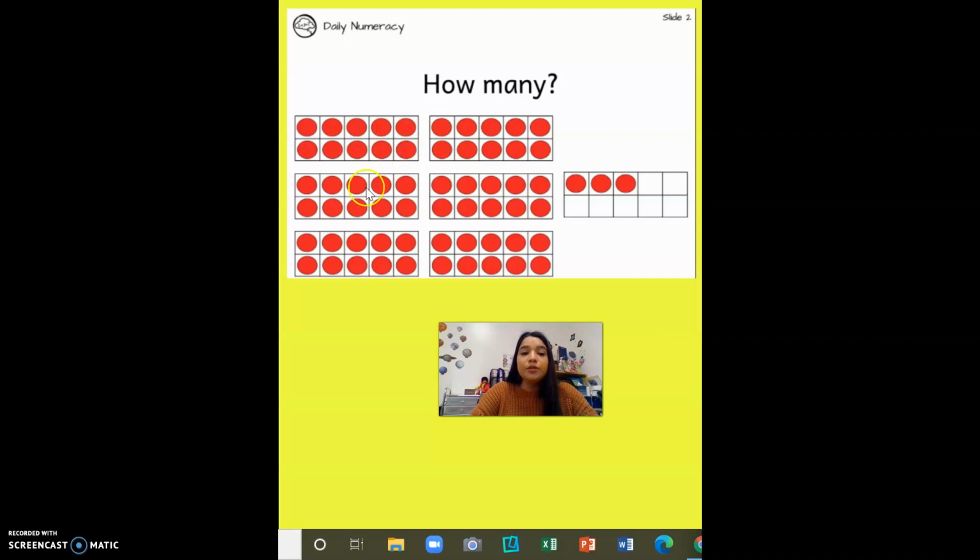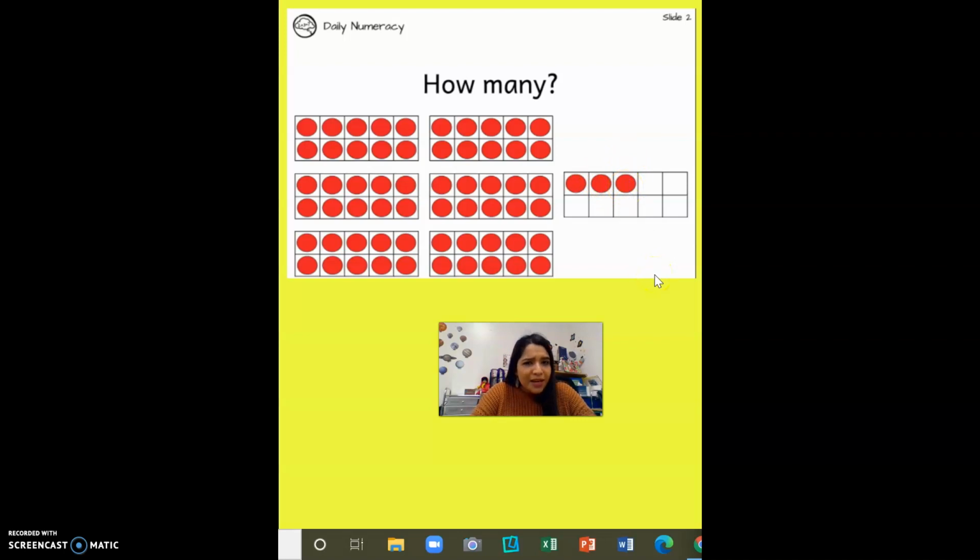1, 2, 3, 4, 5, 6. So we have 6 filled 10 frames and then 1 that's not filled. But in order to figure out how many counters we have, we can count by tens. Ready? Count with me. 10, 20, 30, 40, 50, 60, 61, 62, 63.